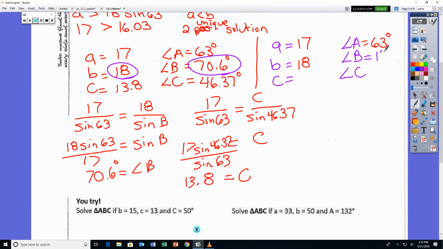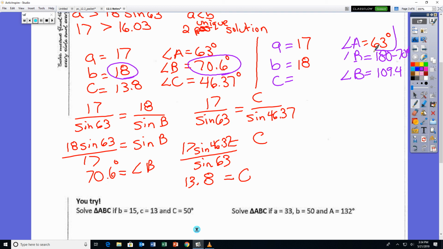All I'm going to do is take 180 and subtract that 70.6 from it. So angle B will be 180 minus 70.6, or angle B will come out to be 109.4.